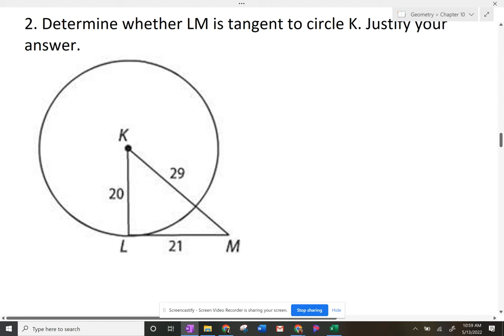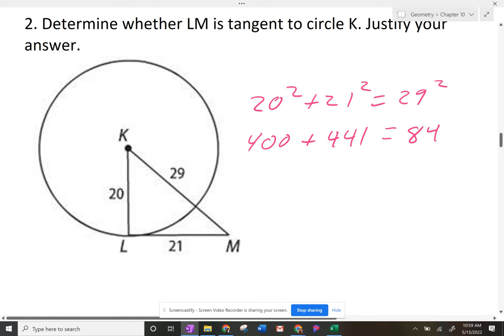How would I set it up? 20 squared plus 21 squared equals 29 squared. Awesome. 20 squared is going to be 400. 21 squared is going to be 441. And then 29 squared is going to be 841.